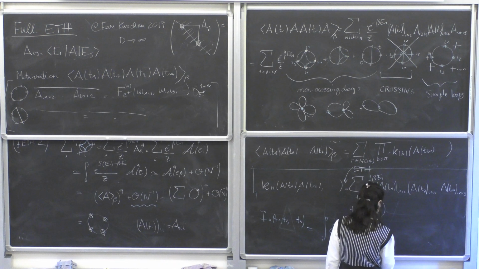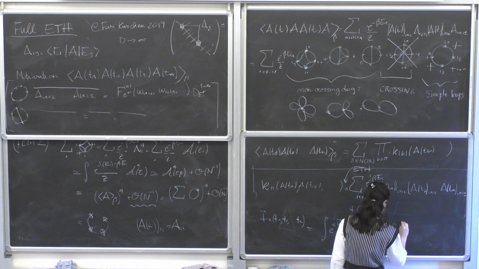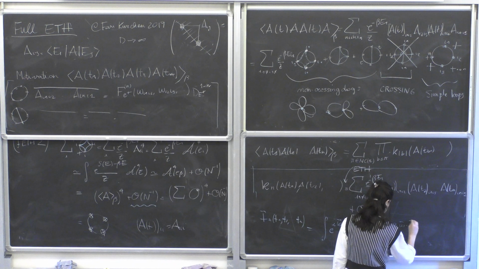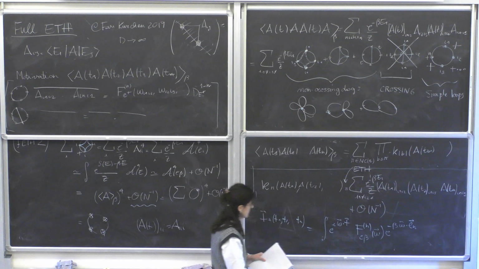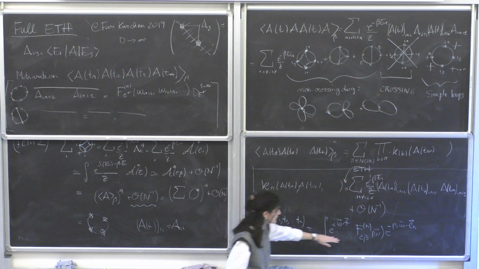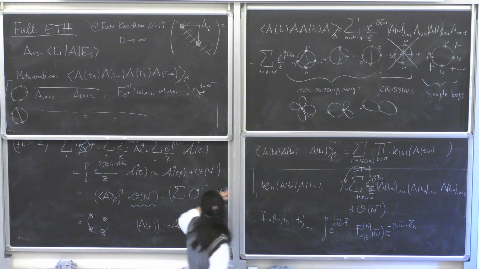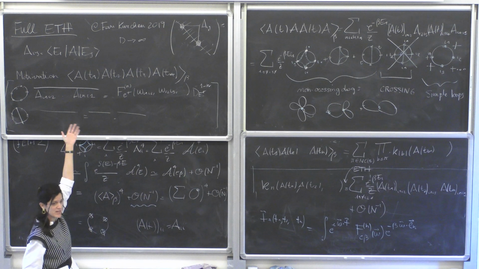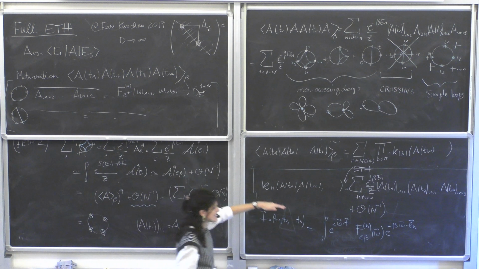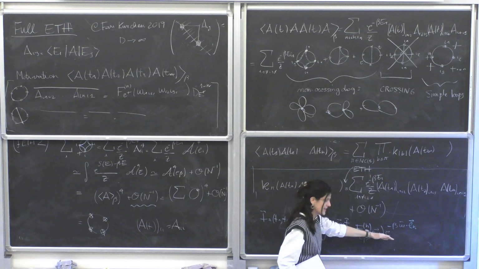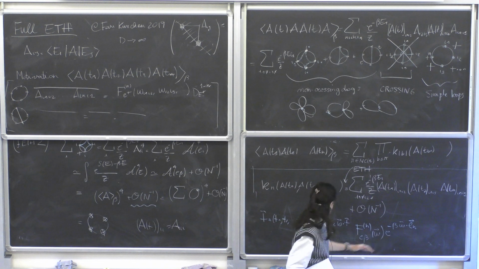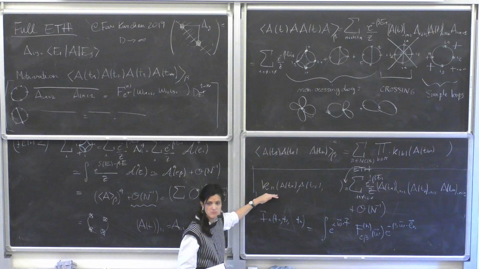And here there is some factor. So now the point is that the smooth functions that appear in the ETH ansatz are precisely related, in the large n limit, to the Fourier transform of the free cumulants.